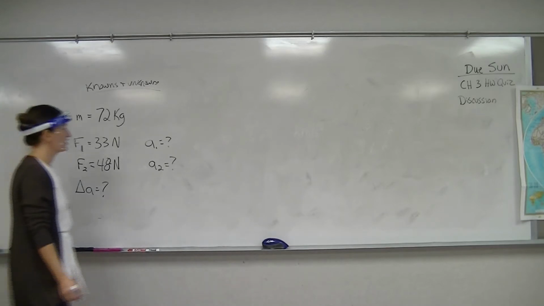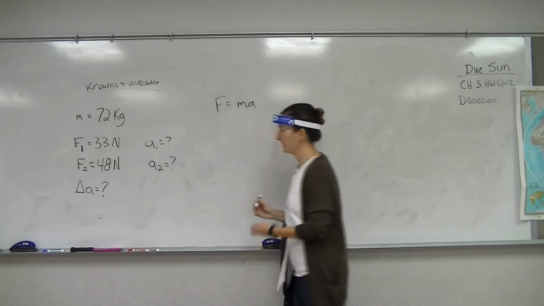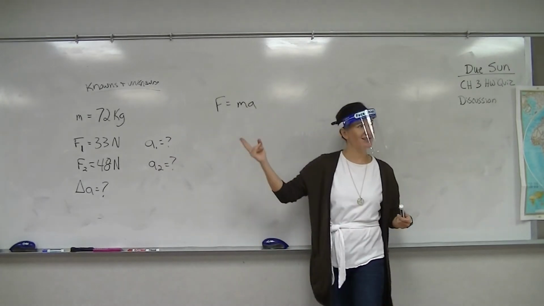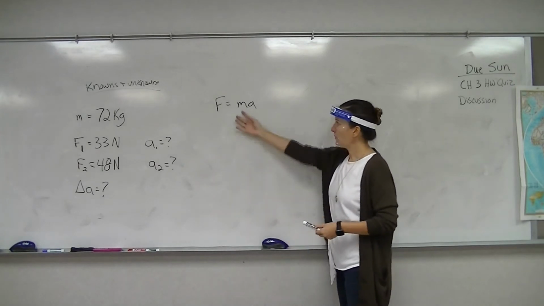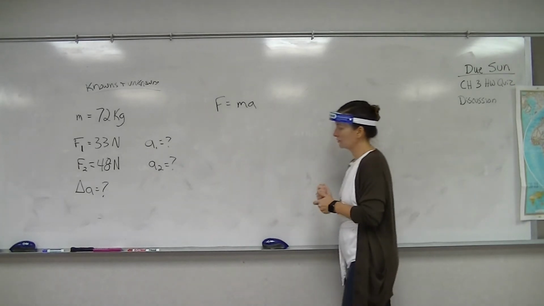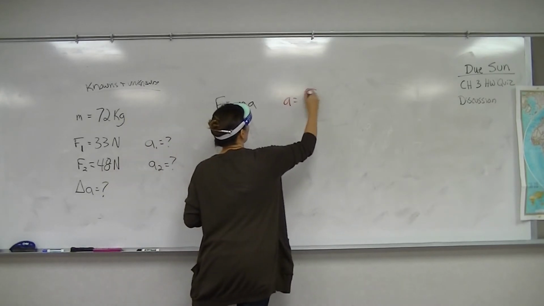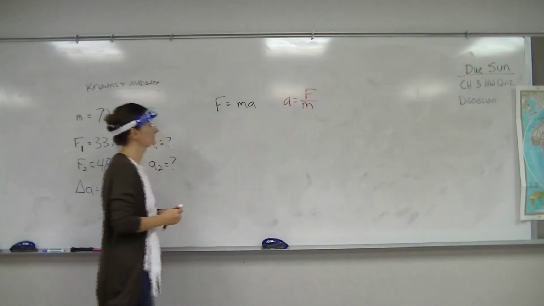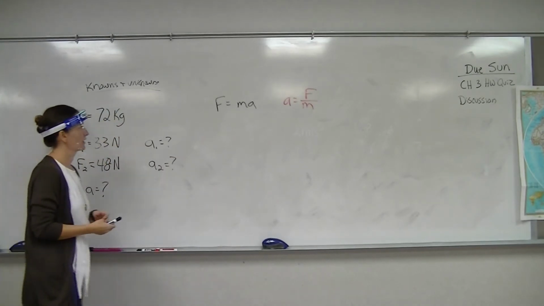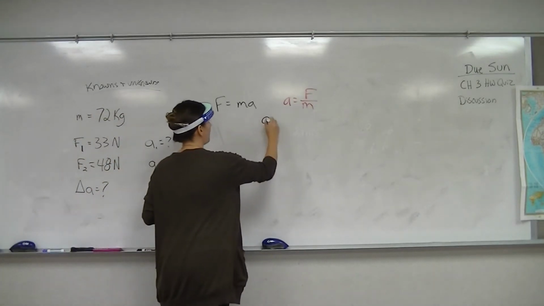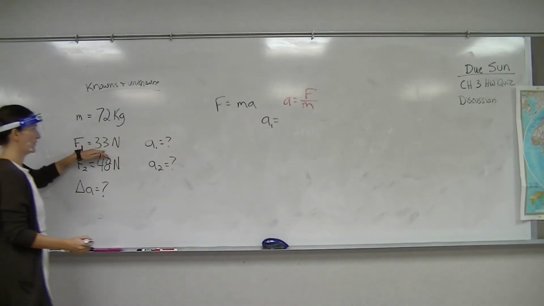All right, so what equation am I using? Well, the only force equation we've used so far, F equals ma. I'm just going to be using it twice to solve for each acceleration. And remember, we've already rearranged this equation to solve for A. When we rearrange it, we take force and divide it by mass. So I'm going to start with my A1. For A1, I'm using the force of 33.